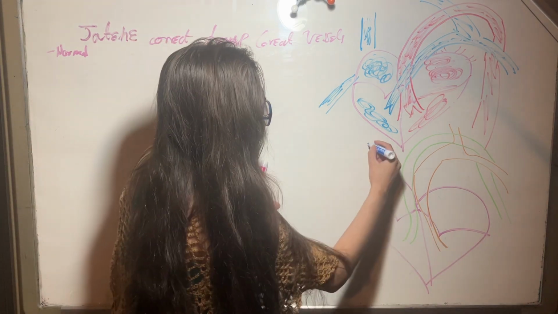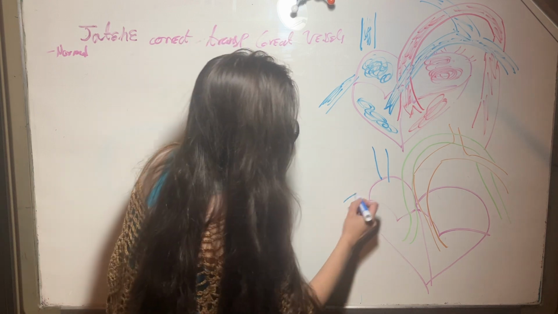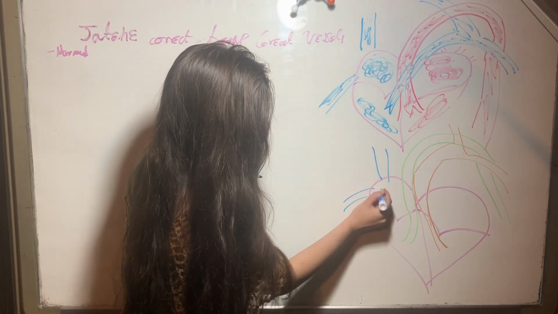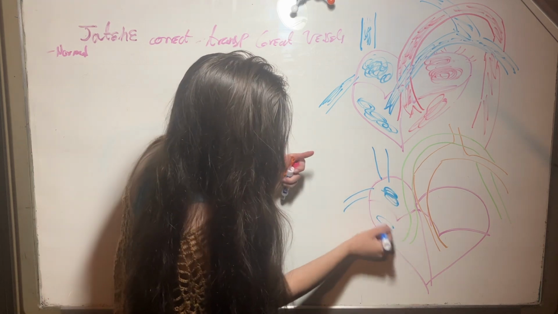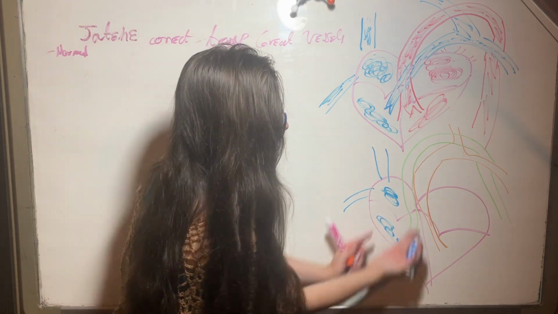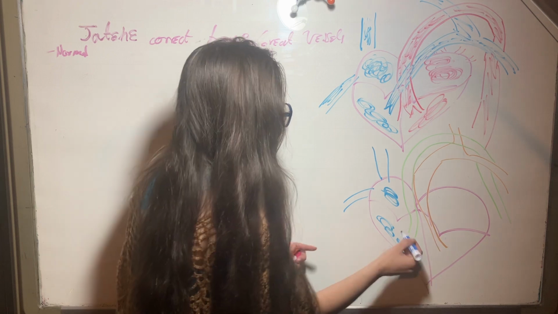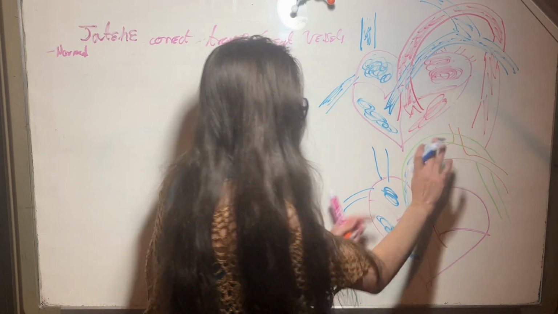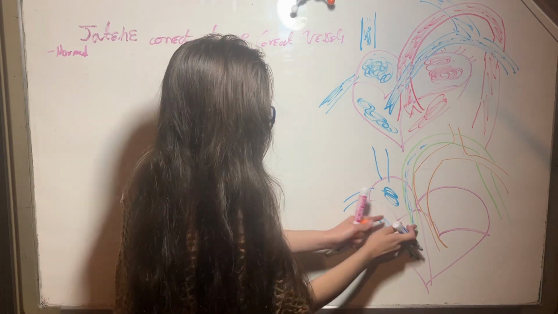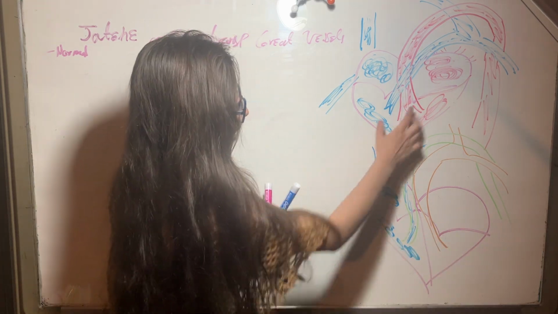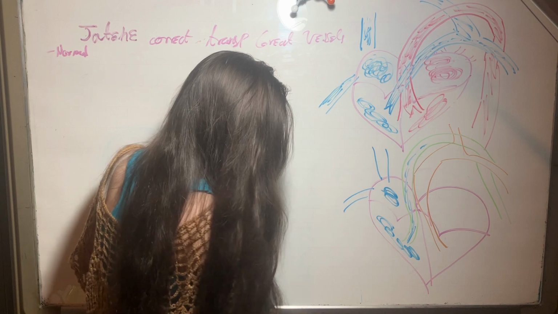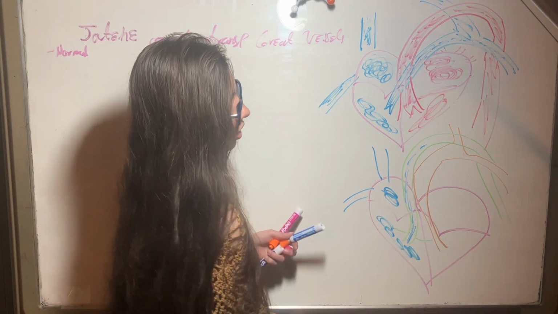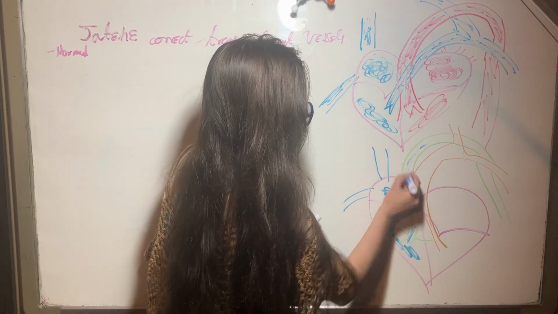We have deoxygenated blood passing through the right atrium and then to the right ventricle, and then this deoxygenated blood passes through the aorta and goes to the systemic circulation. Also remember that from the aorta we have the coronary arteries. So all the systemic circulation is receiving deoxygenated blood.